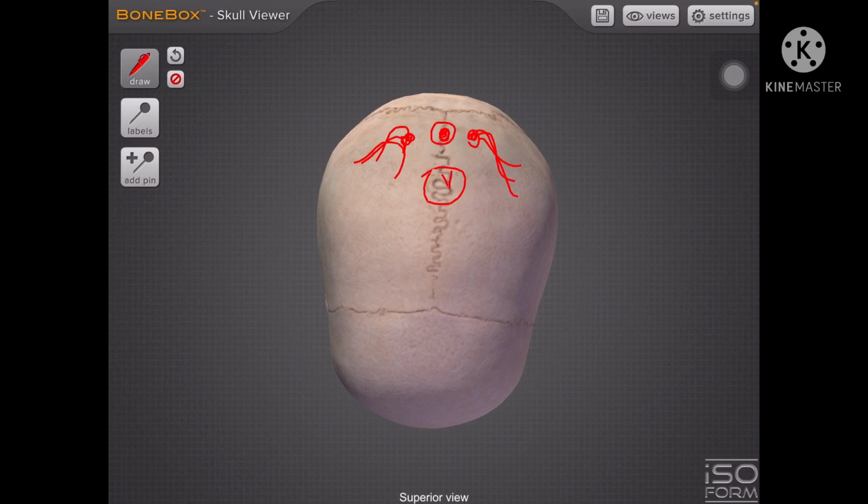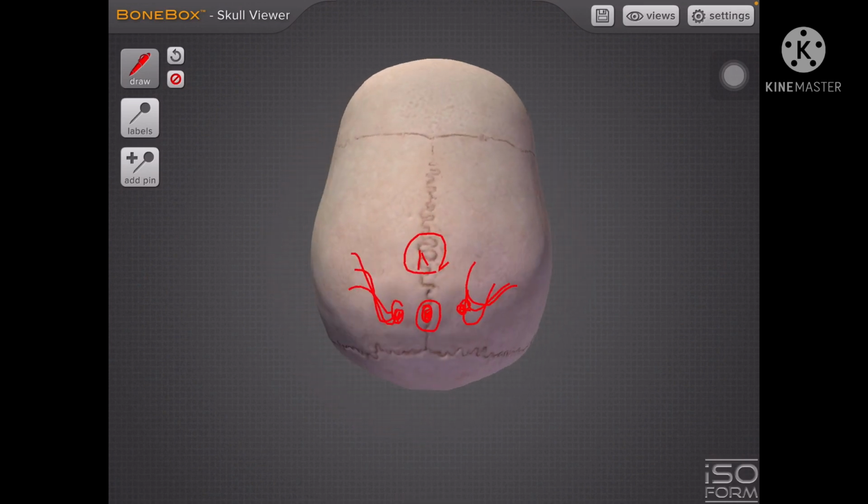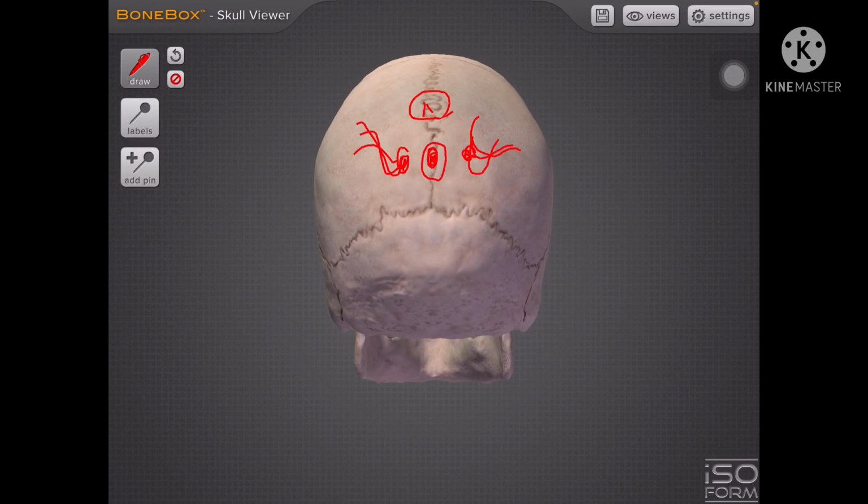And next, these parietal foramens lie, let me show in this view, 2.5 to 4 centimeters away from the lambdoid suture.